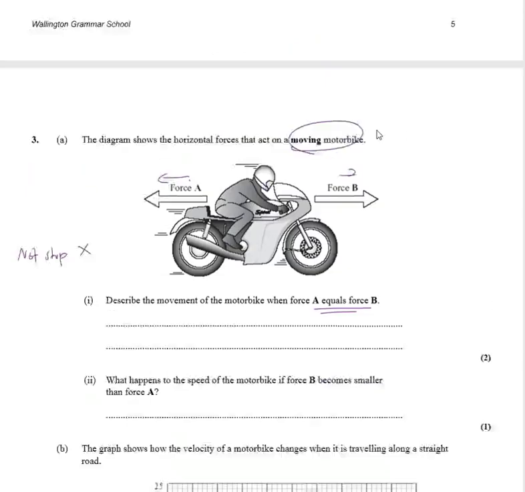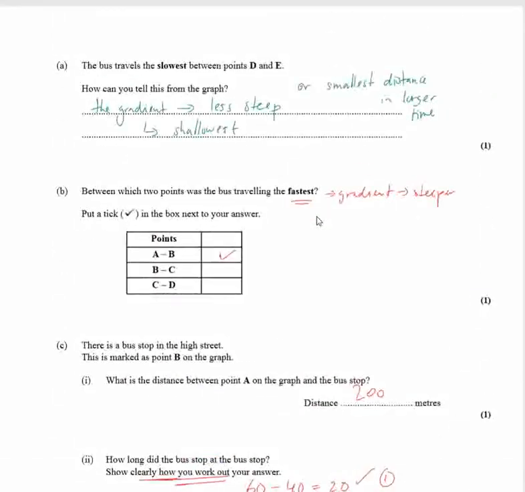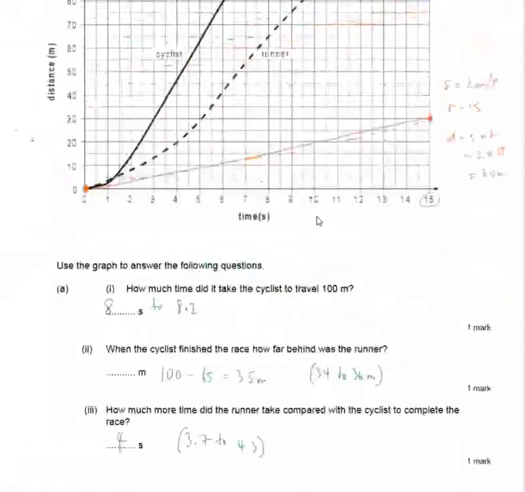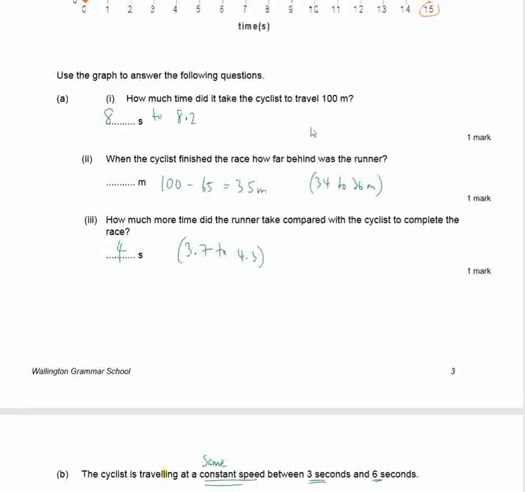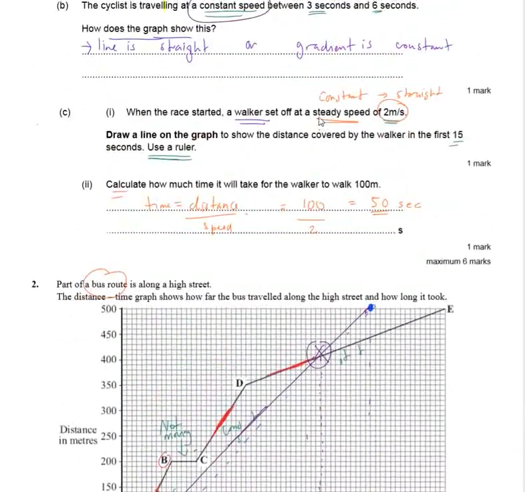So far, what we have been doing, you see there's 2 words that's constantly popping around. If I go from the start of the question, there's this word here, constant speed. Here again, steady speed.